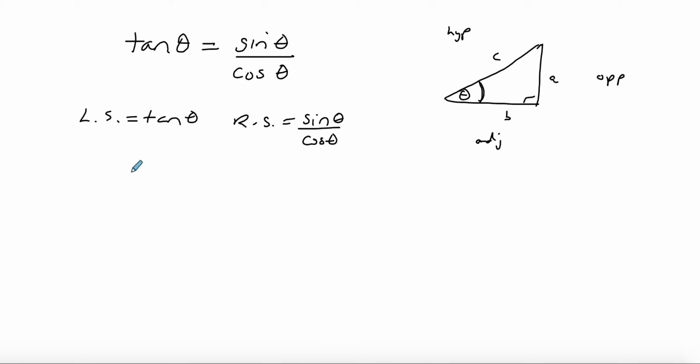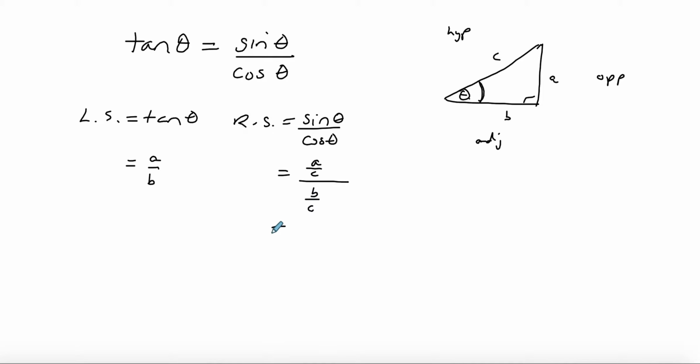So tan theta, for our purposes here in our triangle, would equal opposite over adjacent, so that would equal A over B in this case. On the right-hand side, sine theta would be opposite over hypotenuse, which would be A over C. And then the cosine of theta would be B over C, adjacent over hypotenuse.